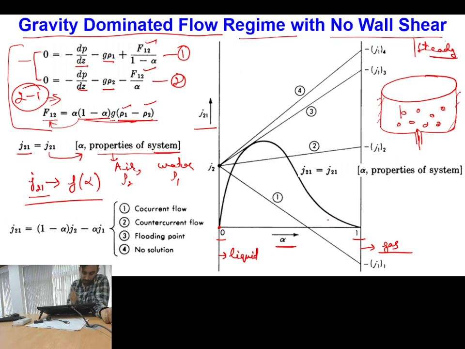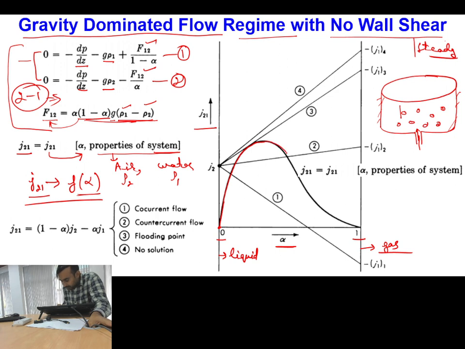Okay. Now, as I told you, J21 has become a function of alpha only, so we have to determine what functional relationship will fit this curve. Okay. For the time being, we are not going into the mathematical function; let us assume that this functional relationship is given by this particular curve.